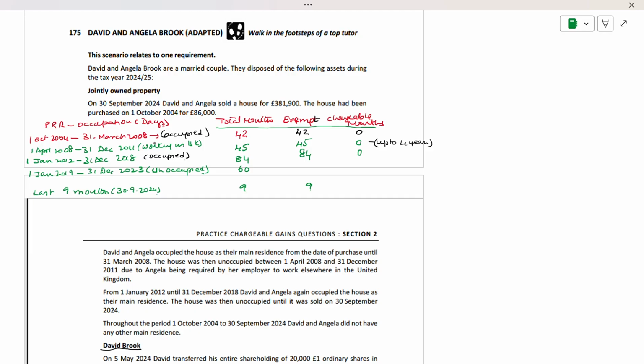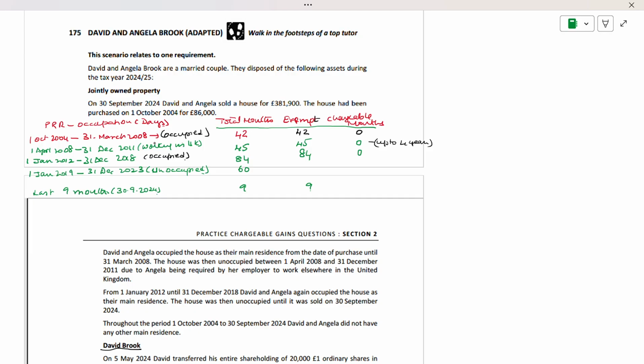The last 9 months of the ownership is always exempt, then up to 3 years of absence for any reason, any period spent living overseas due to employment, and up to 4 years of absence as a result of working elsewhere. See, it is on page number 672, period of deemed occupation.